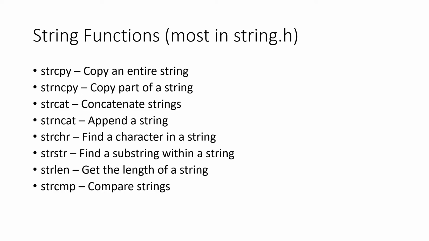And we have strcmp, which allows you to compare two strings. Now, strcmp can be quite confusing at first. It's using the ASCII values and comparing the difference in the ASCII values between the two strings. What you get out is the sum of the differences of the ASCII value, which can be either positive or negative or equal to 0.